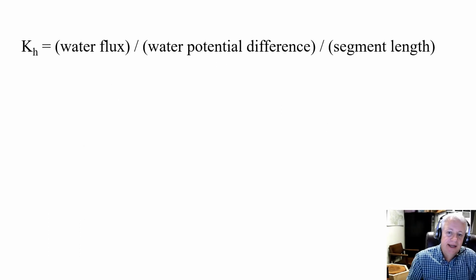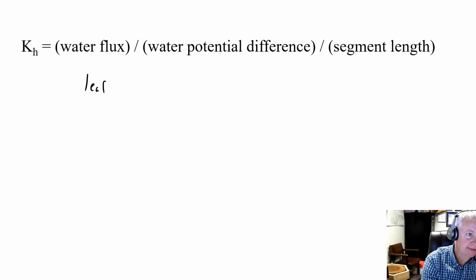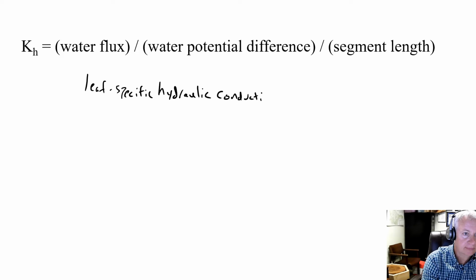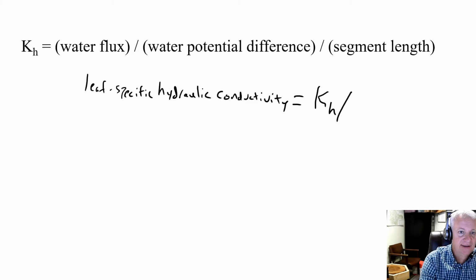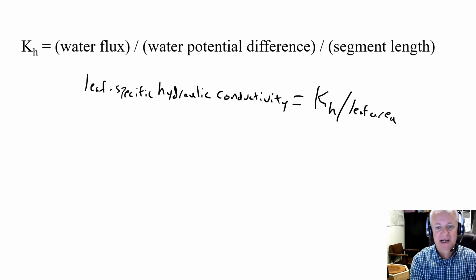And another calculation that you often see in the literature is leaf-specific hydraulic conductivity. And that just equals KH divided by the leaf area of that segment being measured.